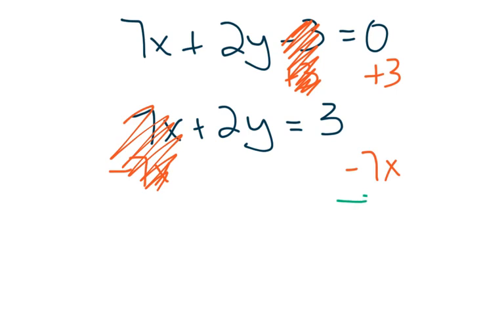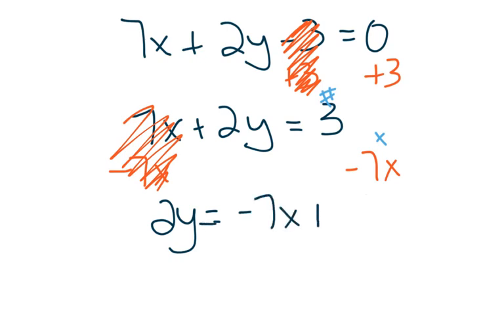I put it off to the side because we're not going to be subtracting those. Like, we're not going to get negative 4x. They're not the same. 3 is a number, and 7x is an x. I can't put those together. They're not like terms. So I'm going to get 2y equals negative 7x plus 3.